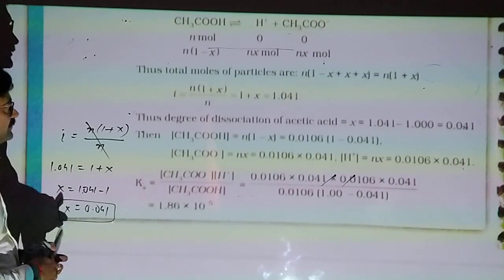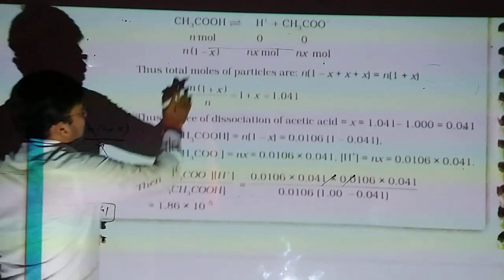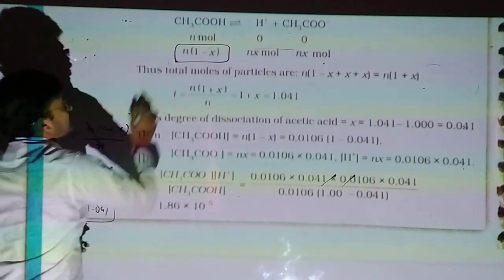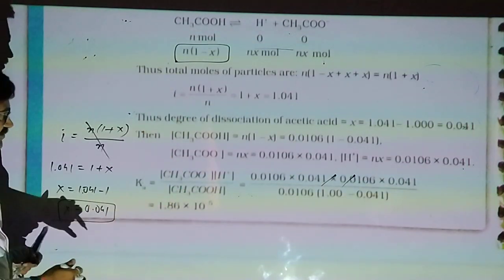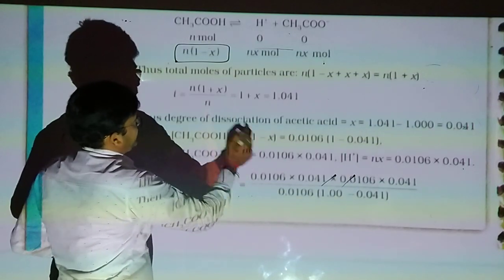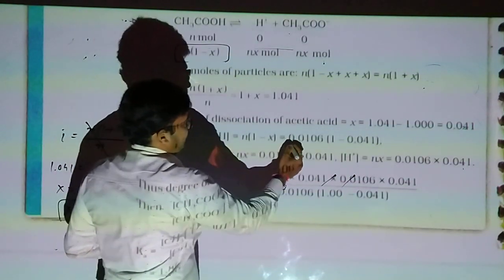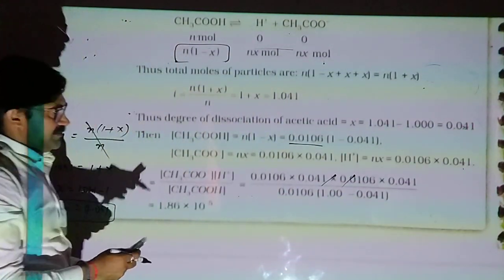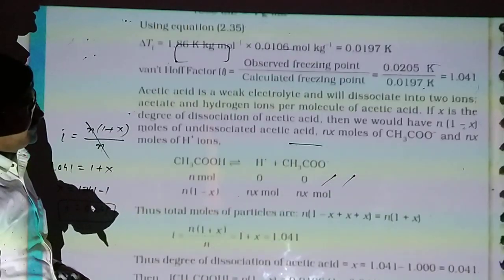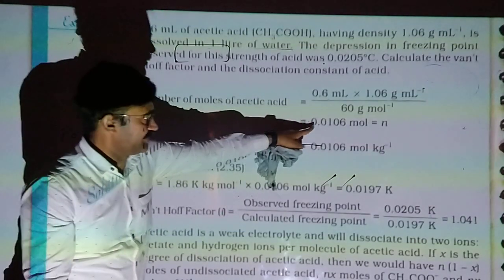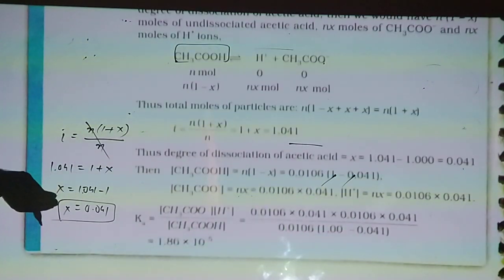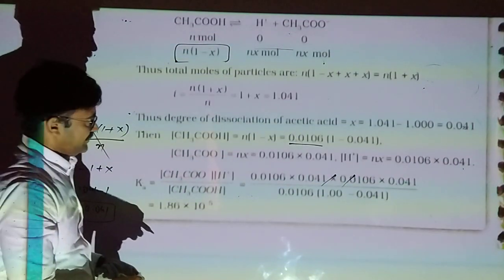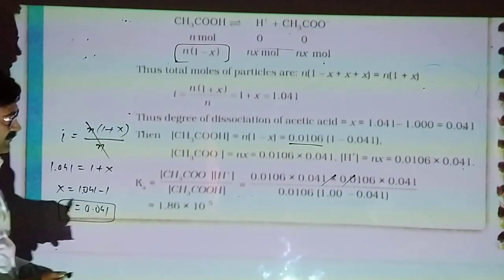And now at equilibrium, the remaining acetic acid after dissociation is n into 1 minus x. n is the moles derived, 0.0106 initially, the moles of acetic acid in the starting, then multiplied by 1 minus x. So 1 minus 0.041.